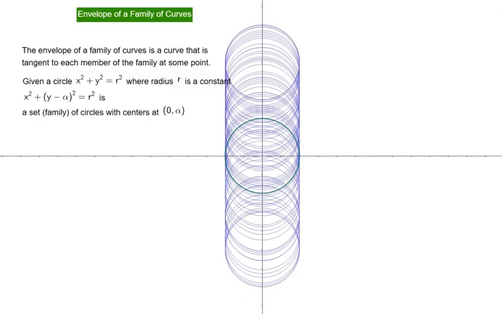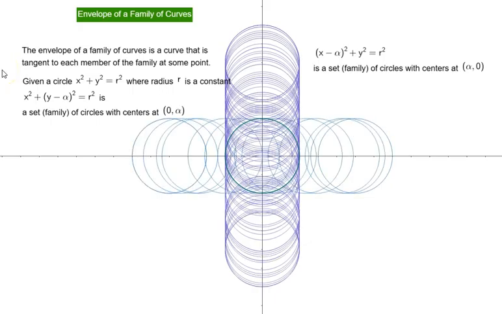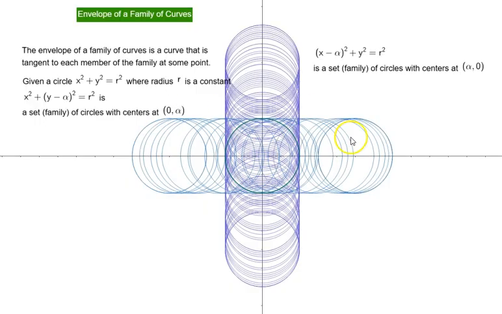Naturally, we can also have a family of circles with center at (alpha, 0). Something like this. So, this is another family of circles. Let's take this one, this family of circles.